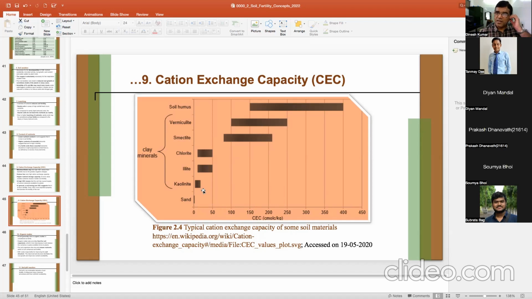So you can see the cation exchange capacity of different minerals and soil humus. So if you have more vermiculite or more montmorillonite, then you will have higher CEC, meaning fertility will be better than those which have kaolinite.